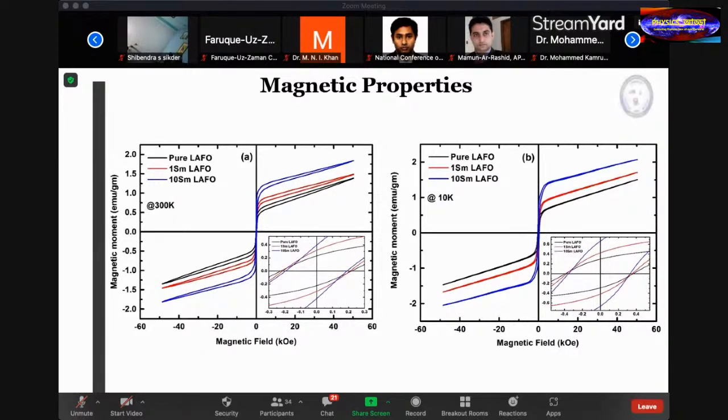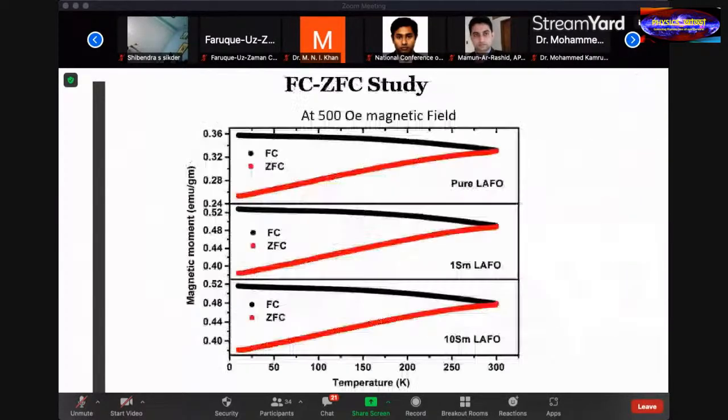In the doped sample, we see that the bond angle and bond length have changed, which is calculated from the Rietveld refinement. This can also result in the enhancement of the magnetization. This is the FC and ZFC property study.